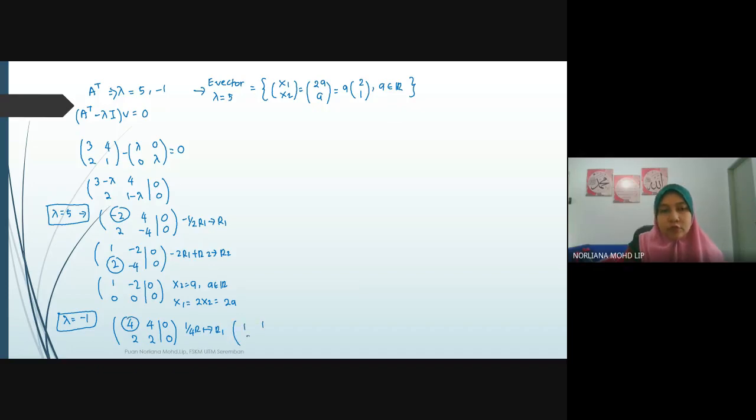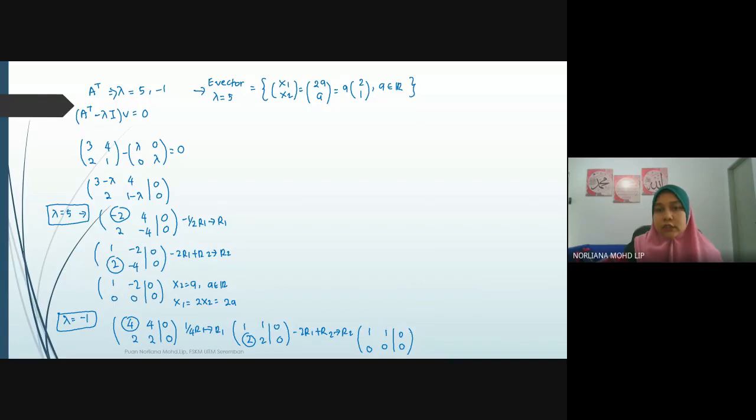So 1, 1, 2, 2, 0, 0. Then we make this 0. Negative 2 row 1 plus row 2. 1, 1, to 0.